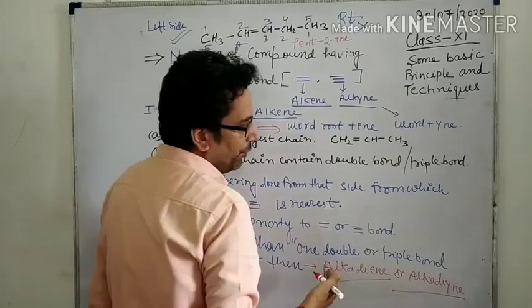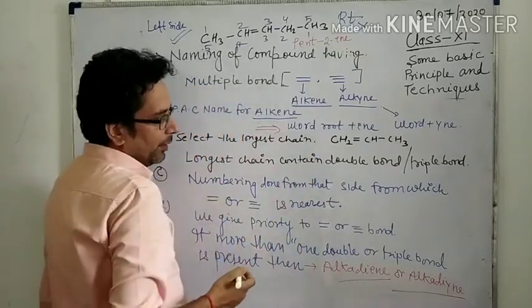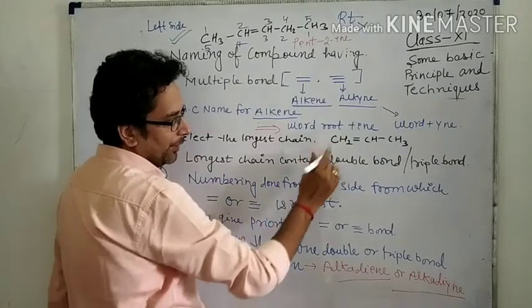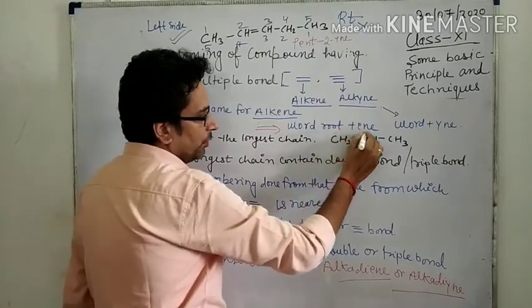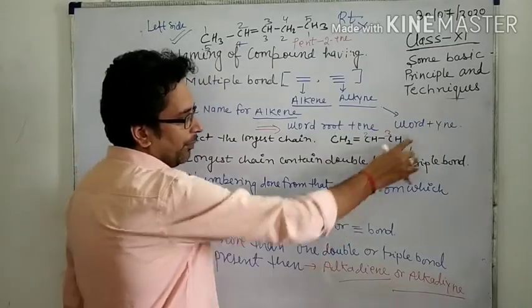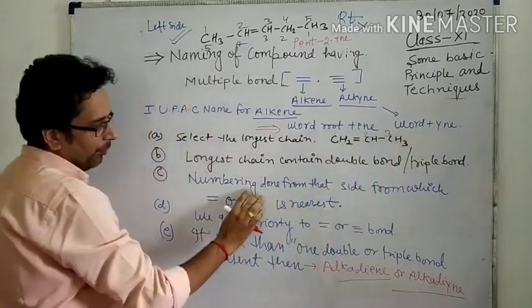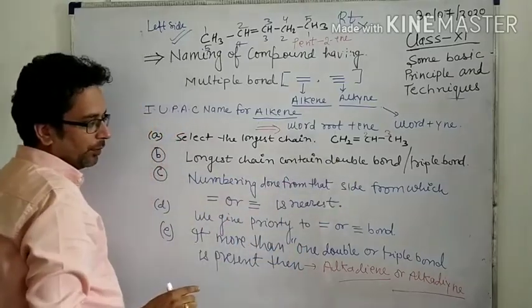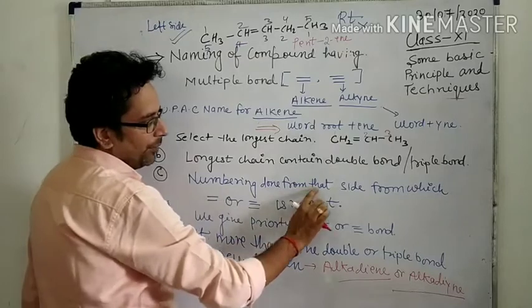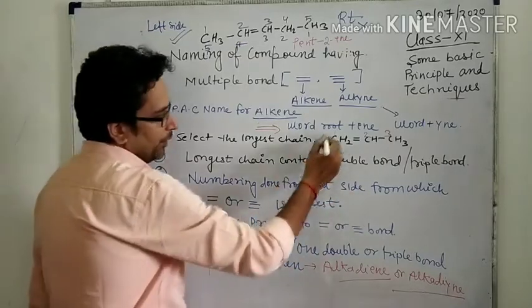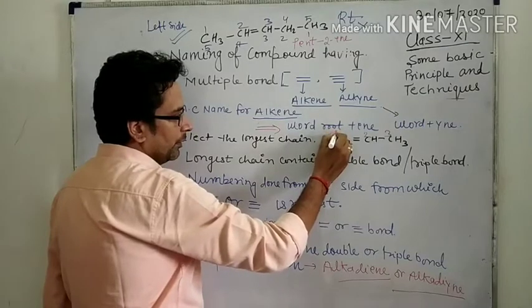But from which side will we number? We give the number from the left side: 1, 2, 3. Why do we not number from the right side? Because the longest chain contains the double bond, and numbering is done from that side from which the double or triple bond is nearest.